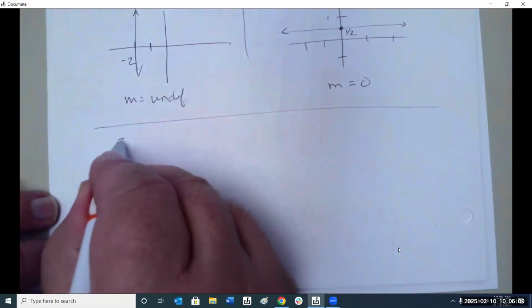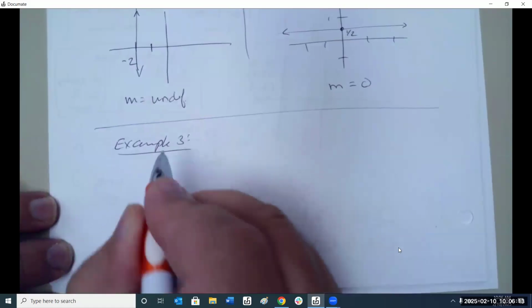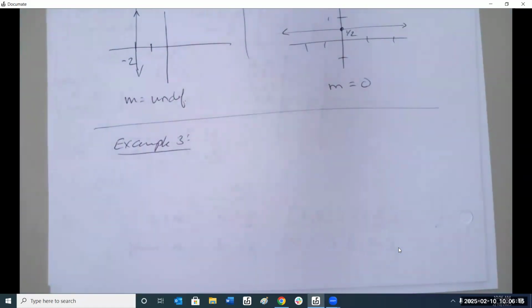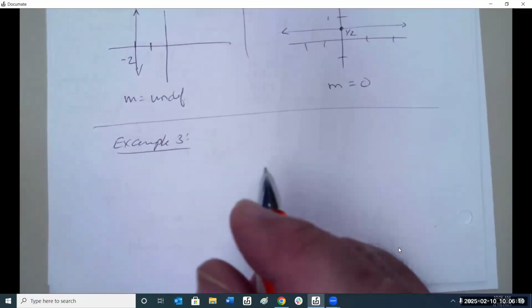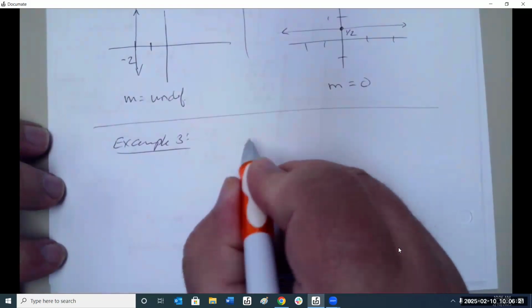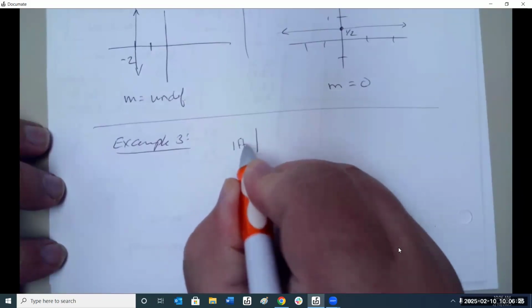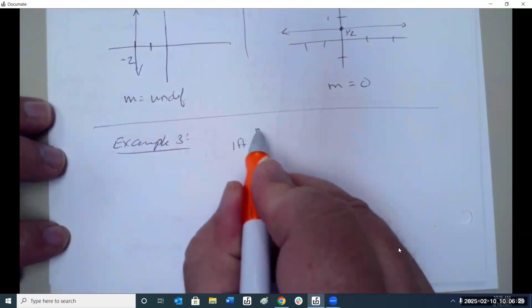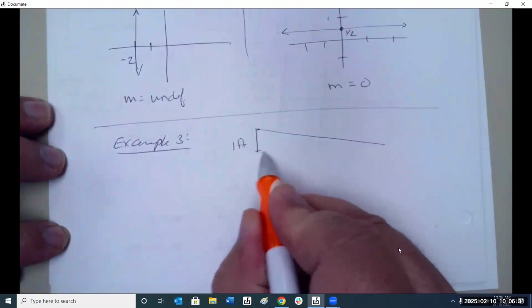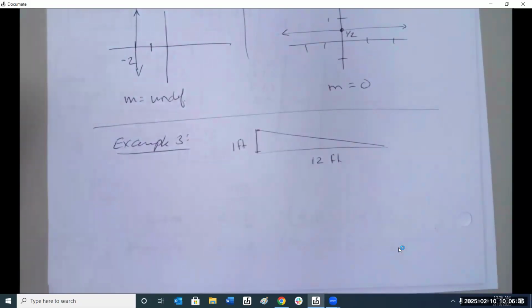Here's an example 3. The Americans with Disabilities Act mandates that for wheelchairs, for every 1 foot of vertical distance, there has to be at least 12 feet of length.